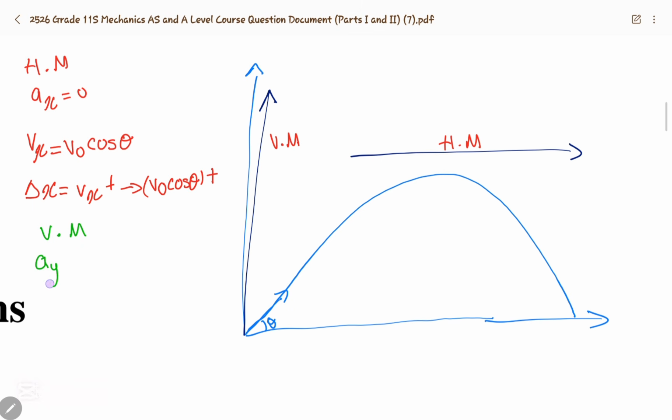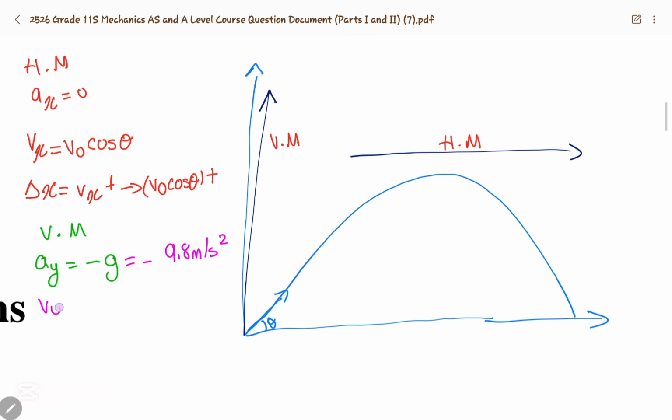Now, when it comes to vertical motion, we have the acceleration on the y-axis. Always remember, acceleration on the y-axis is always negative g. Why is it minus g? g is an acceleration that occurs downwards, but when I'm throwing my object, I'm throwing it in an upwards direction, so my acceleration would be minus g, which is basically minus 9.8 meters per second squared.